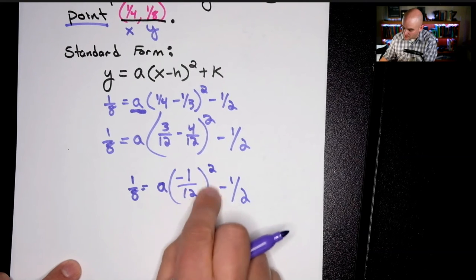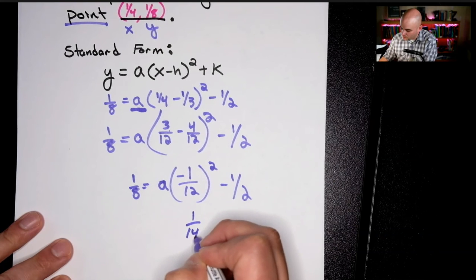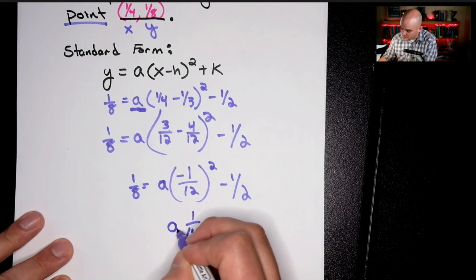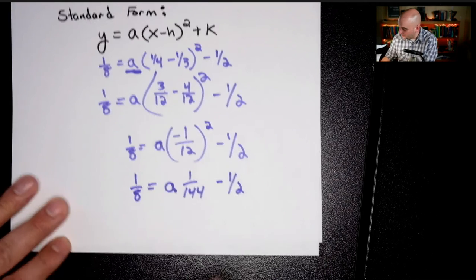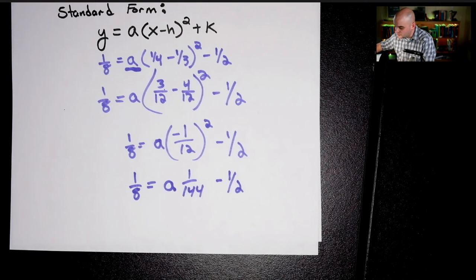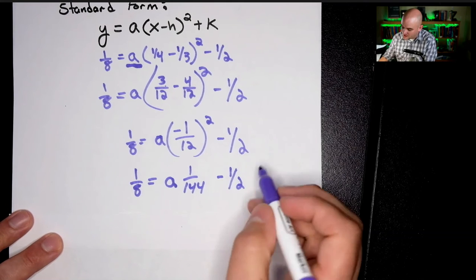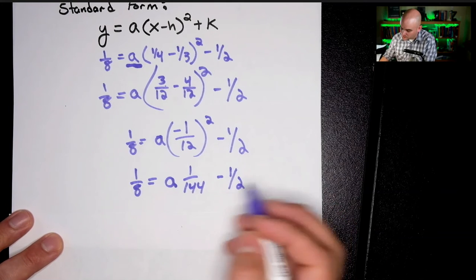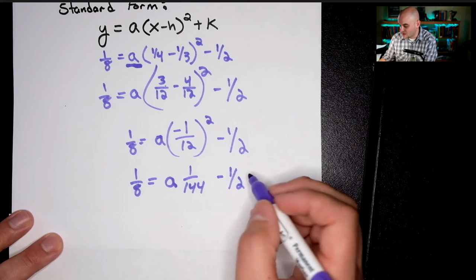Now, remember, when we square a fraction, we're going to square the top and the bottom. So I get 1 over 144 times a minus 1/2 equals 1/8. And I need to add 1/2 to both sides. So when I add 1/2, I'm going to say 1/8 plus 1/2. Let me go ahead and make it eighths, so that way we can add them, have common denominators.